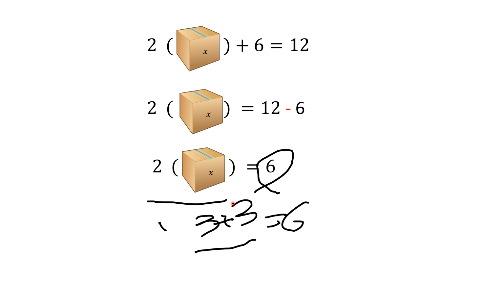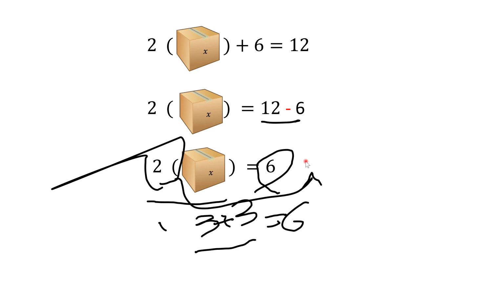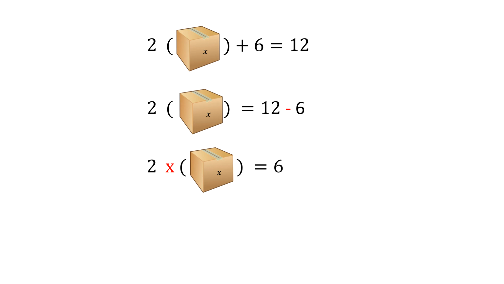But again, I'm going to follow the same step that we developed in the basic video and come up with a very advanced way of doing this instead of by trial and error, with one single step. So what I'm going to do is similar to the one we had in this guy. I'm going to take this number, bring it to this side, but I'm going to do something else with it. So remember, 2 times x, 2x, this thing, 2 times the box x can be written as 2 multiplied by box x, right?